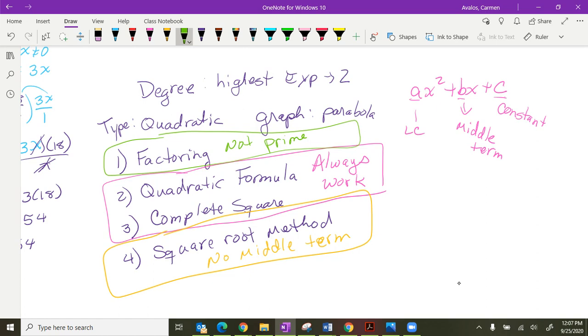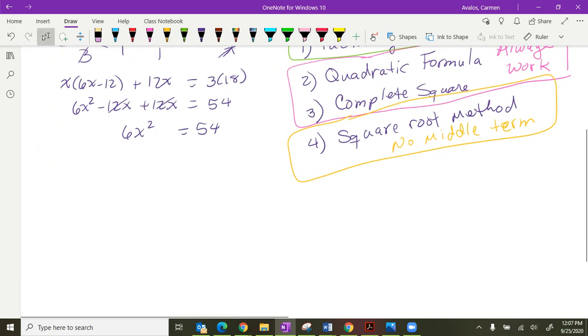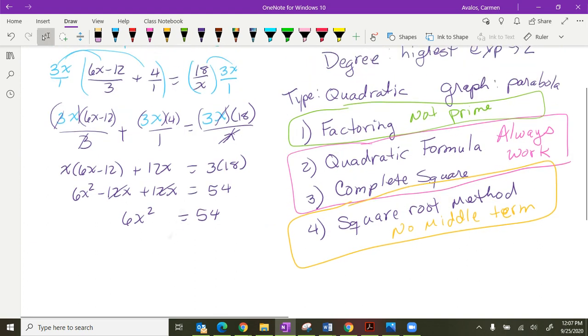So here are the 4 ways to solve it. We know that this equation that we got here is a quadratic, so we need to figure out, can we factor it? Probably. Can we do the quadratic formula, complete the square? Yes. But one of the easiest ways to do it is the square root method, because there's no middle term.